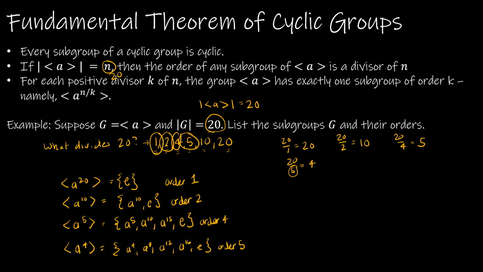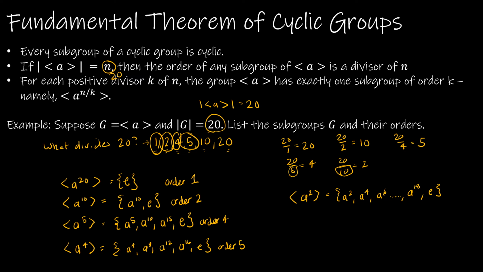Now let's look at 20 divided by 10. 20 divided by 10 gives us 2. So this is going to be order 10, and it's going to be A squared. So again, that's going to give me A squared, A to the 4th, A to the 6th, and so on, A to the 18th, E.